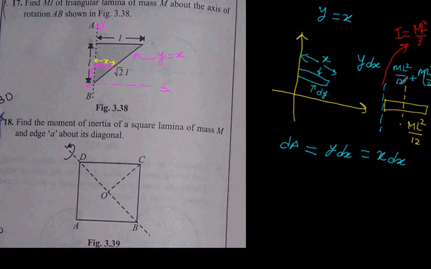Moment of inertia along the center is well known, ml square by 12. Now we need to find the moment of inertia along this axis, so I will use the ml square by 3 formula.